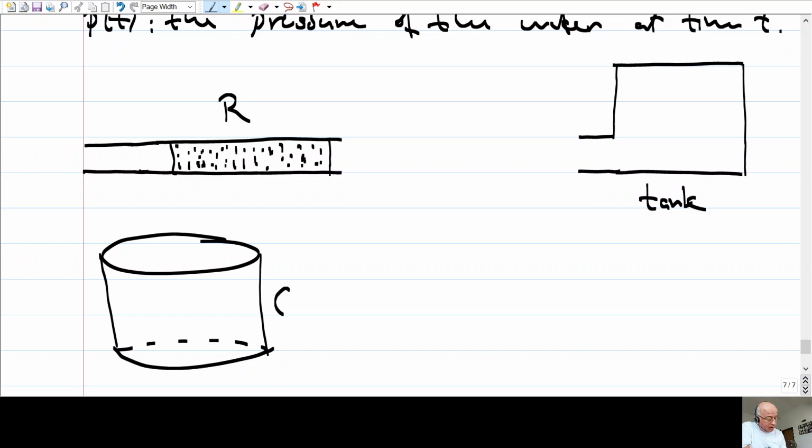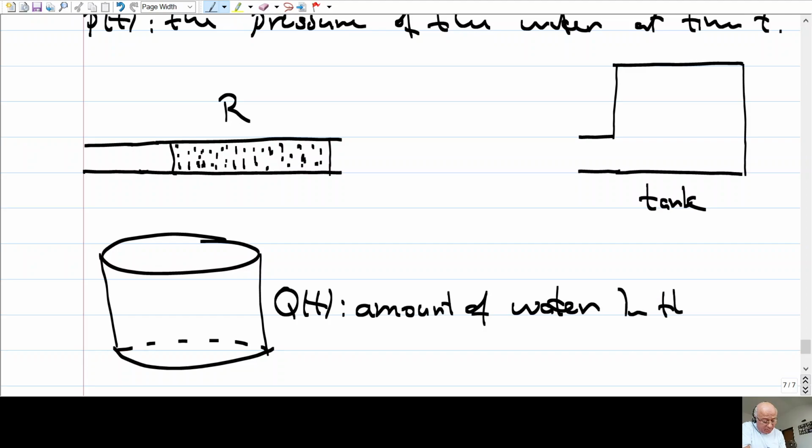and QT is the amount of water in the tank at time t.